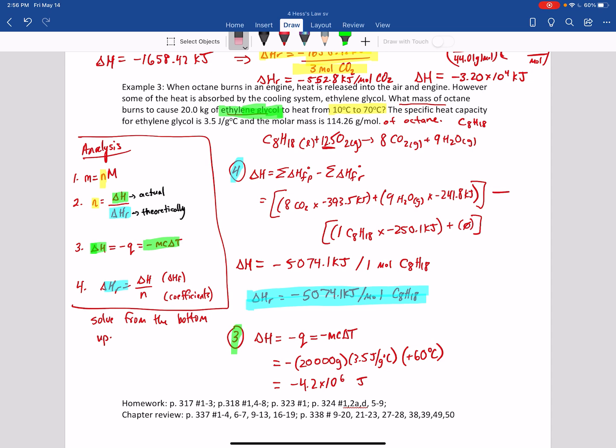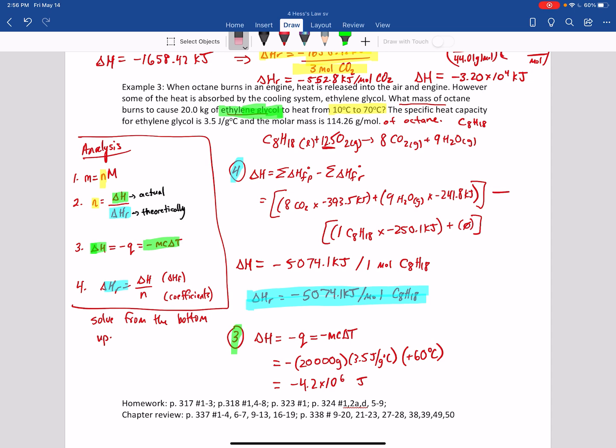So if that's the number of joules that are there, and you can always double check. I always check my numbers a few times just to be safe. 20,000 times 3.5 times 60 is 4.2 million joules.